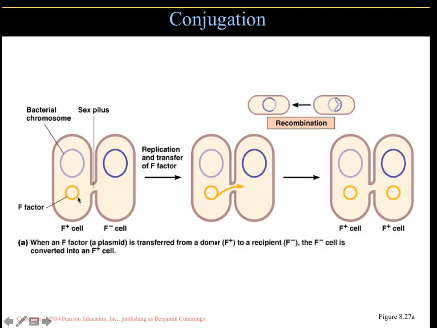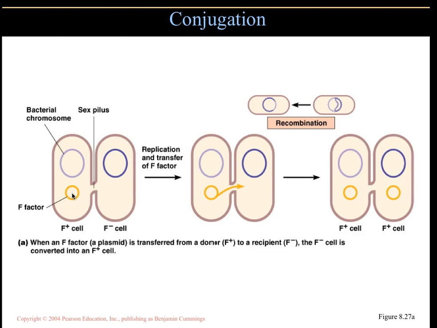And the genes on this plasmid are antibiotic resistance genes. I'll tell you how incredibly smart that is at the very end. So you have the genes that encode for antibiotic resistance in here.